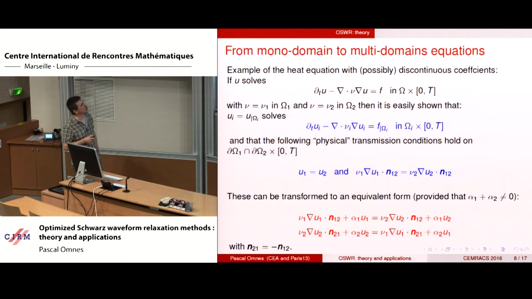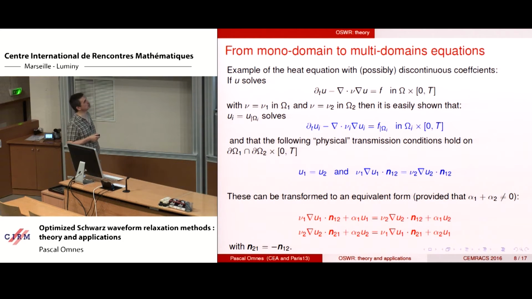Then if your monodomain equation is this one, then it's easily shown that the restriction of u to omega1 and to omega2 will simply solve exactly the same equation in omega I cross (0,T) with, as a right-hand side, the restriction of f in omega I, and that you have physical transmission conditions on the interface. The interface is denoted this way.